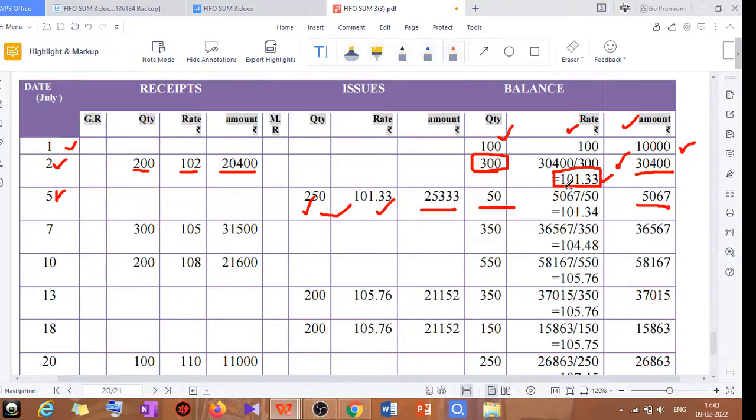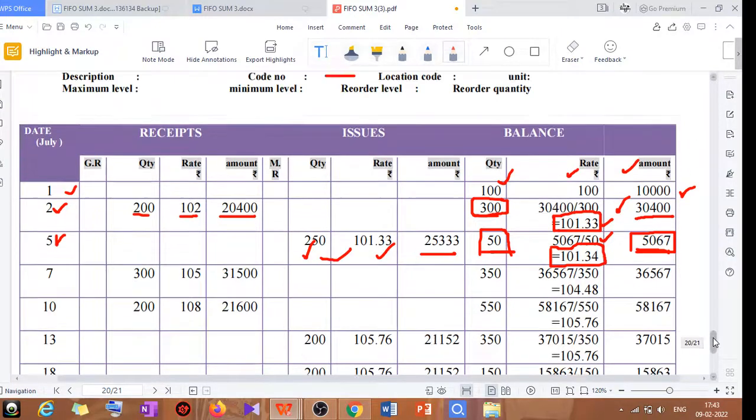At last, you need to calculate the rate. This is the weighted average method, so calculate the rate based on the weight, that is amount divided by the quantity. So 5,067 divided by 50, it will be 101.34. I hope it is clear to you, students, till here.